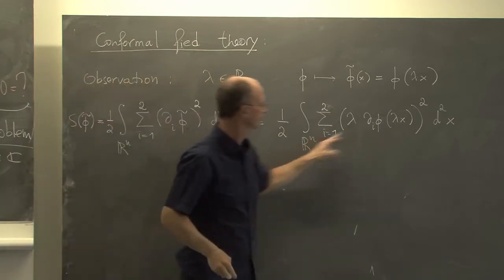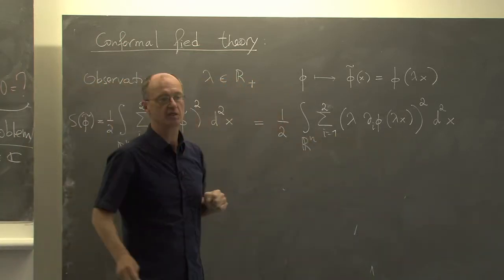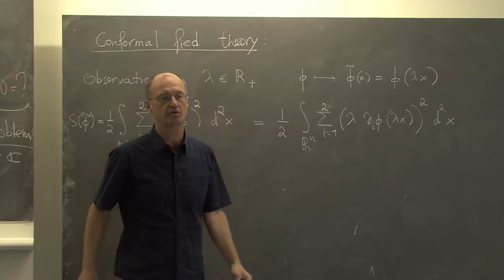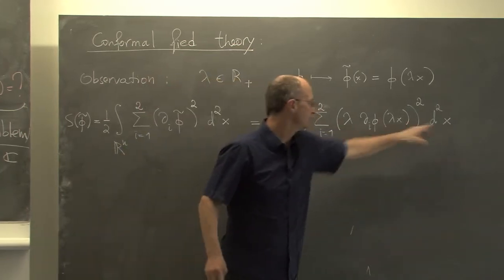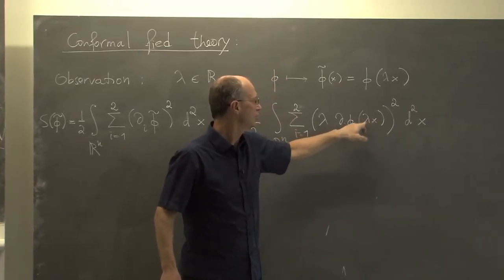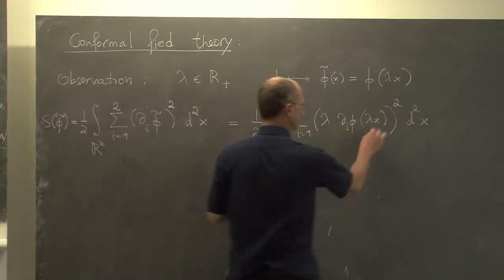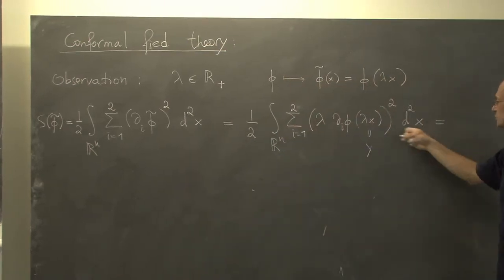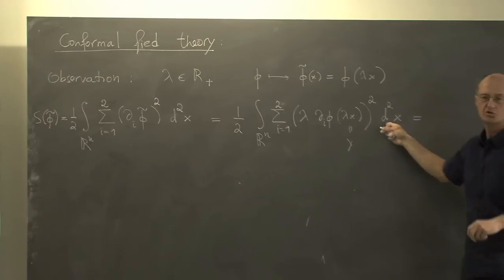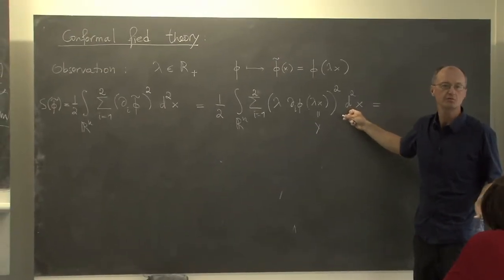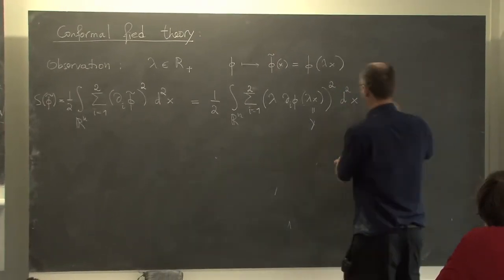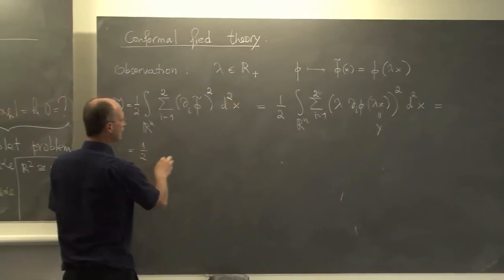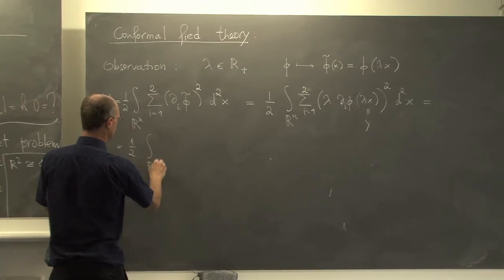Okay, very well. I obtained this expression. Now let's do the change of variables. Let's replace lambda x by y. Then, of course, you will have a Jacobian of this change of variables, which will be lambda to the power minus 2, because we are in dimension 2. So this will give us 1/2 integral over R^n.